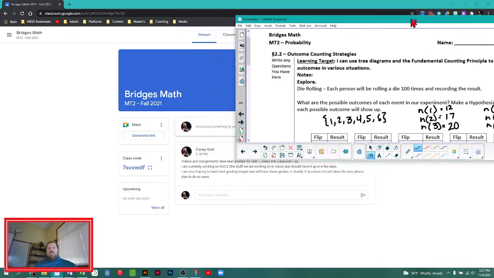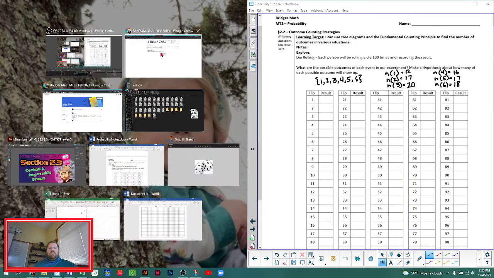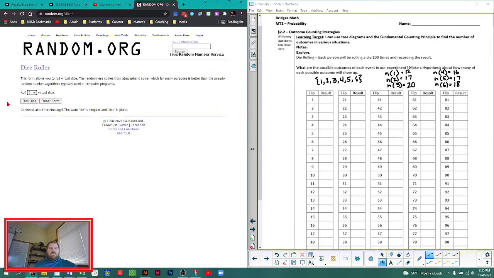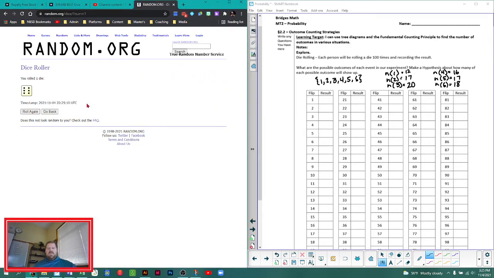So what I'm going to do is I'm going to pull up a random dice roller. I'm going to do it this time. All right. So we get 6. There's no good way to do that. 1, 5. And I encourage you to do this for yourself.